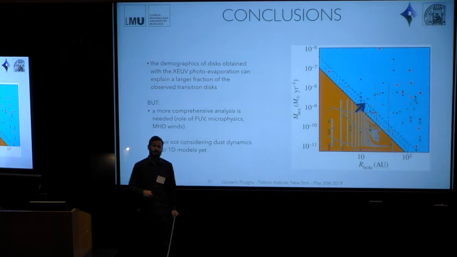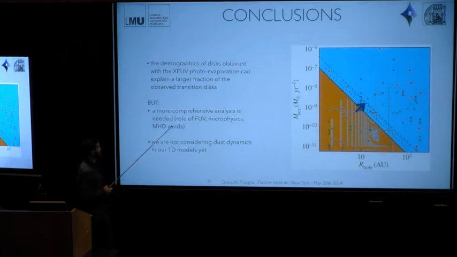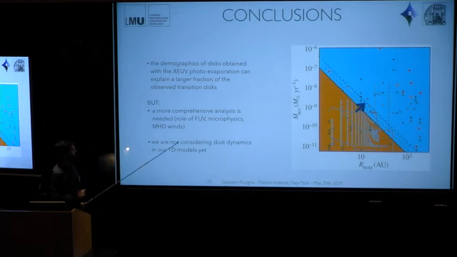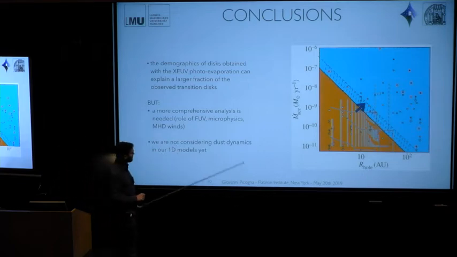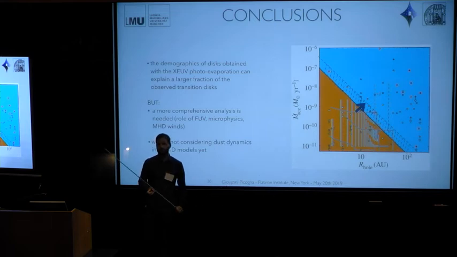In our group there's a person working on this, and it would be very interesting to understand this role better. Finally, in this population synthesis model that I've shown you, we are considering only the gas, while the role of dust dynamics is important, especially because transition disks are observed through dust, so we are looking into that as well. And with that, I'm ready to take questions. Thank you.